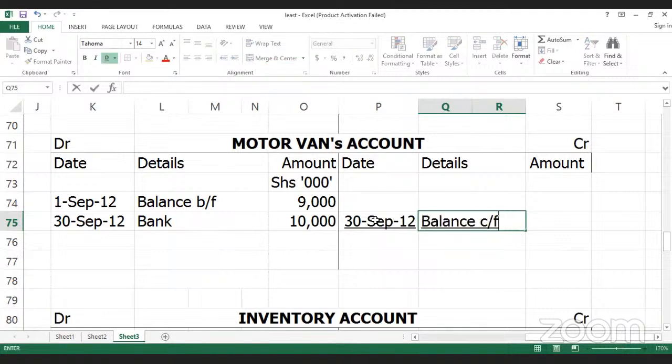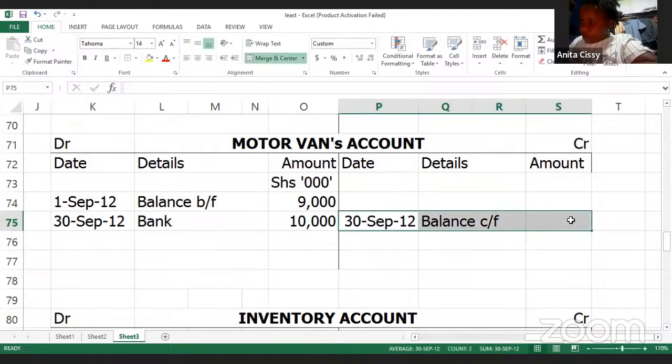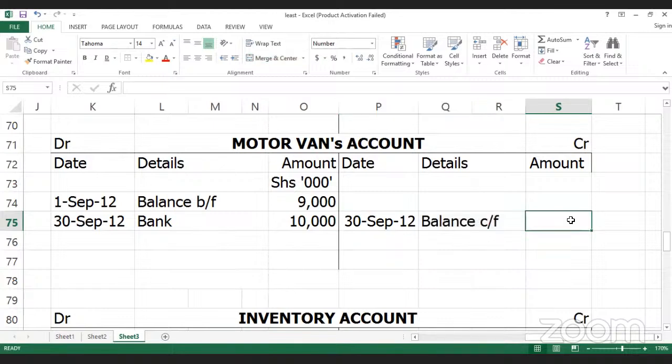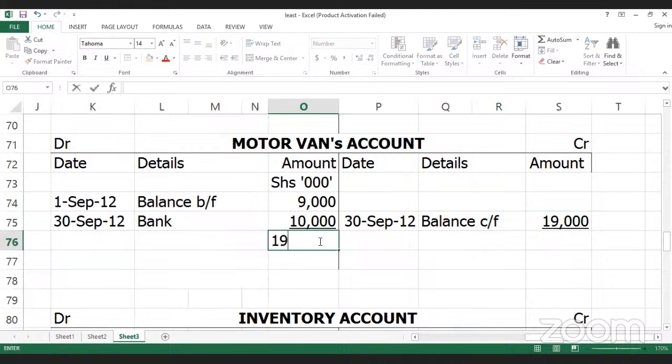That is balance carried forward. How much is that total? 19,000. Thank you, Byron. That's 19,000. So now we show the totals. Totals should be on the same level.